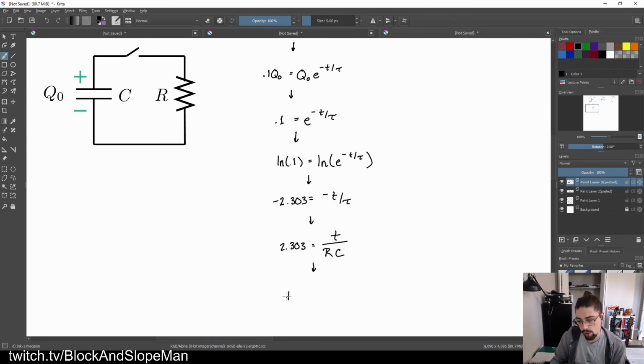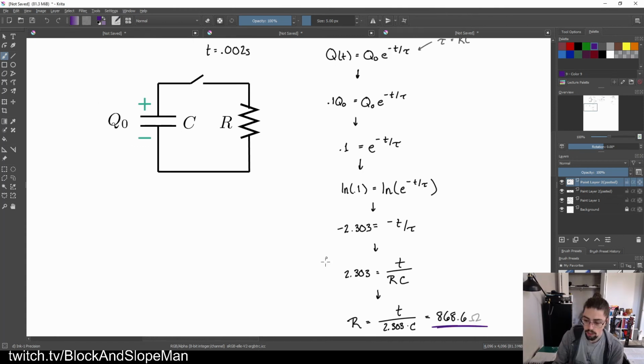The resistance at the very end of the day should be equal to T divided by 2.303 times C, which should give us a final resistance of 868.6 ohms. And that's it. Let's go ahead and keep looking at things.